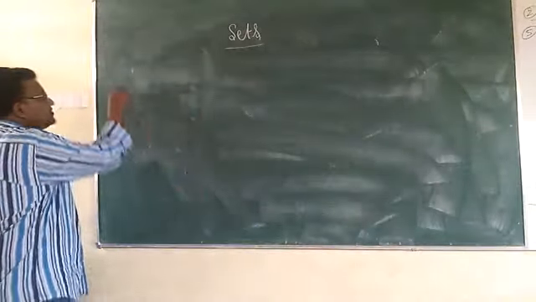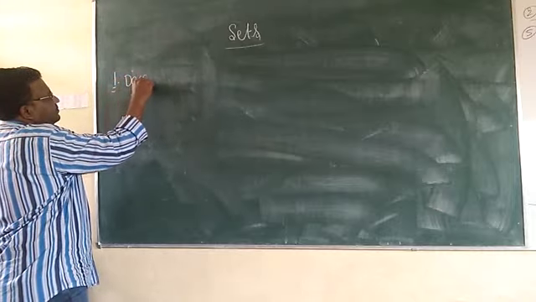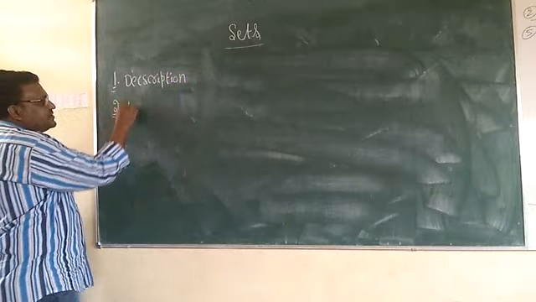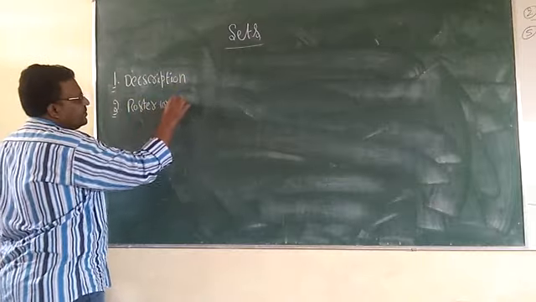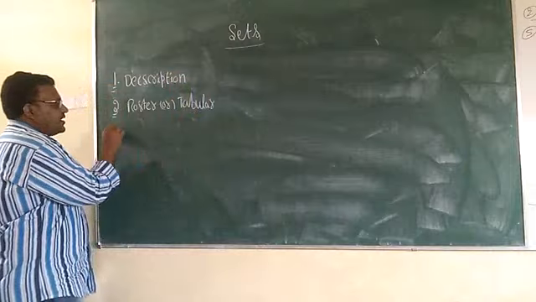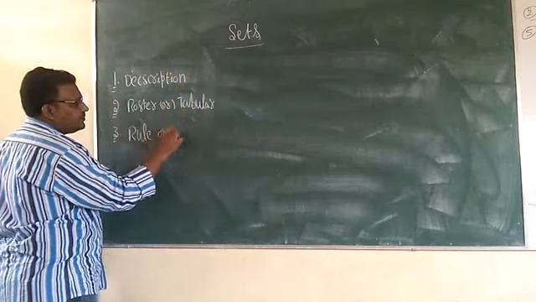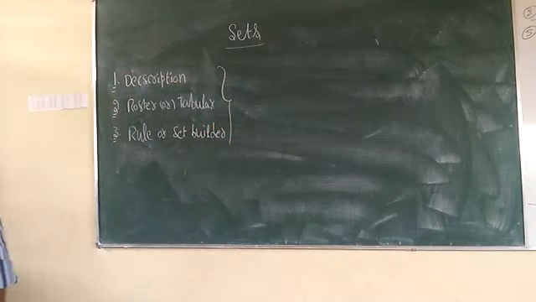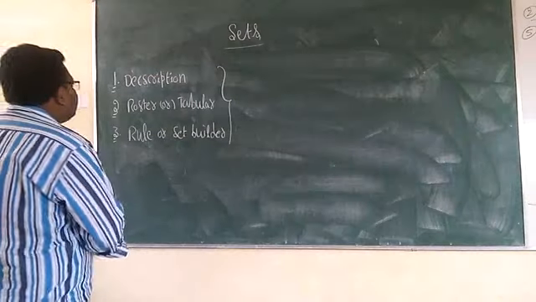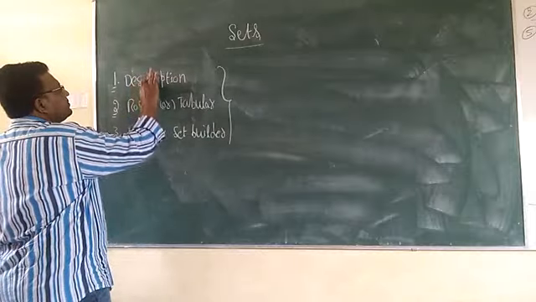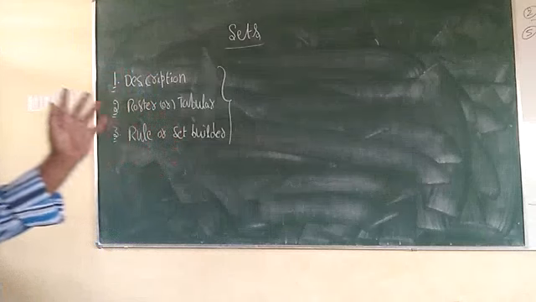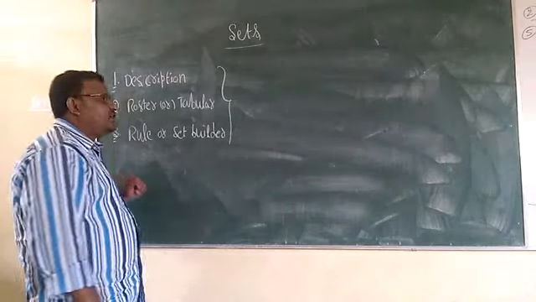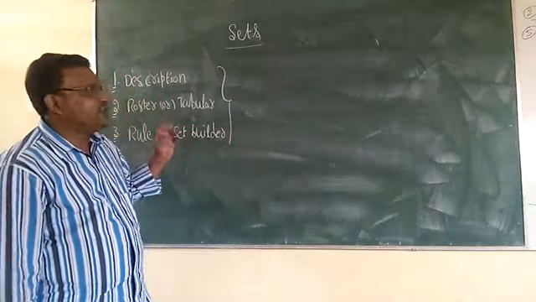The first one is the description method, the second one is the roster or tabular method, and the third one is the rule or set builder form. So these 3 methods we generally use to represent a set.